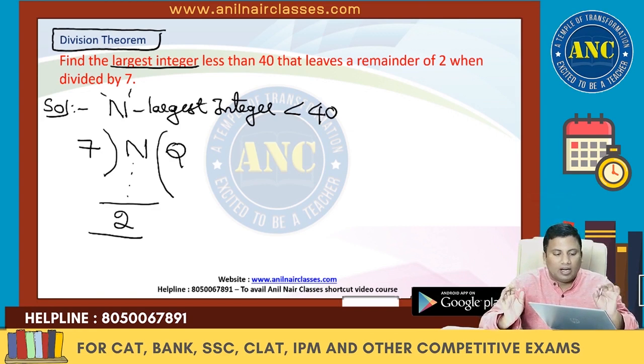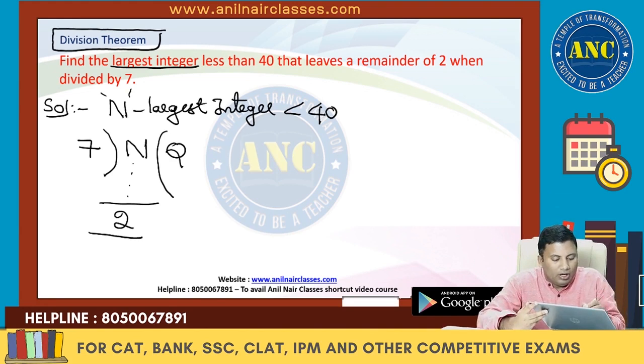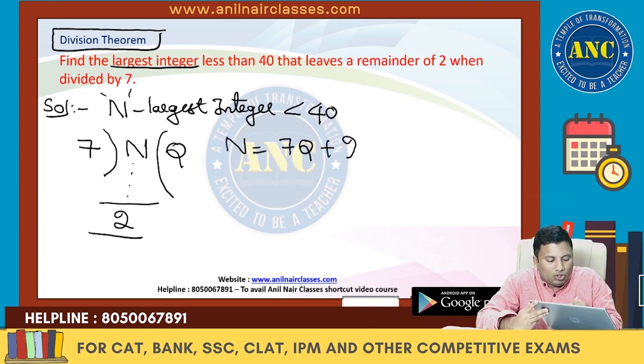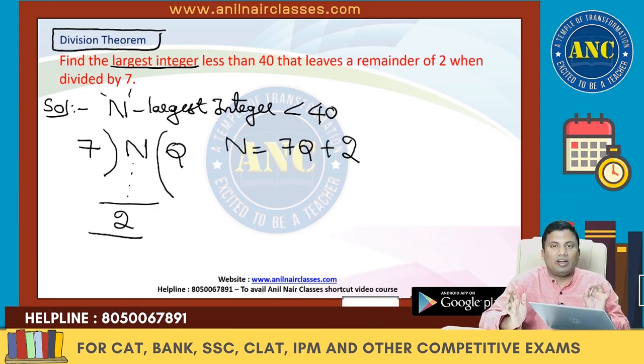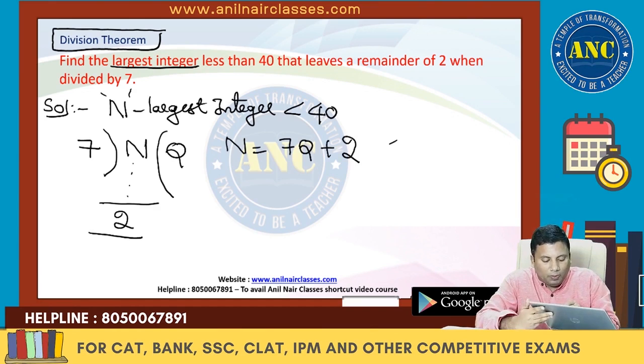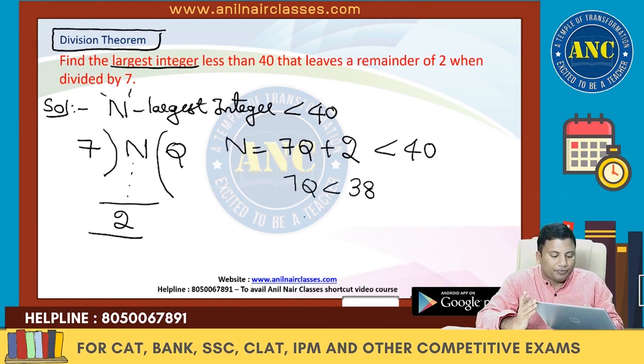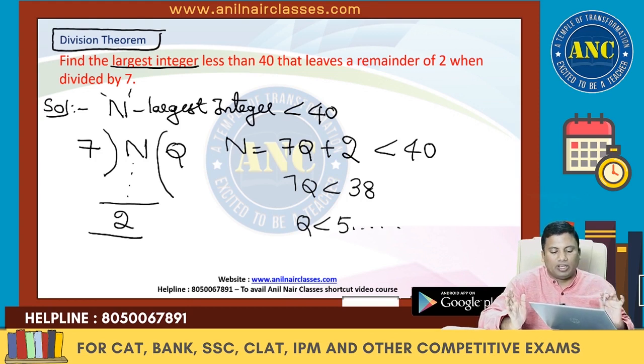We know according to the division theorem, dividend is nothing but divisor into quotient plus remainder. 7q plus 2, and there is a restriction that it must be less than 40. So 7q is less than 38. Q is less than 5 point something.